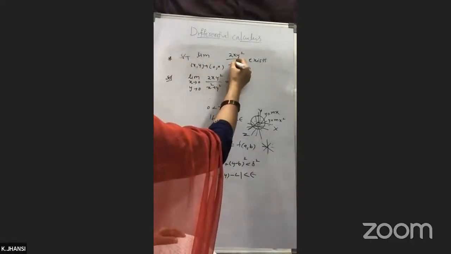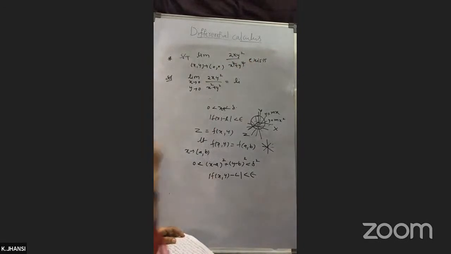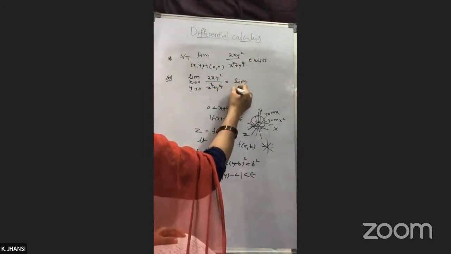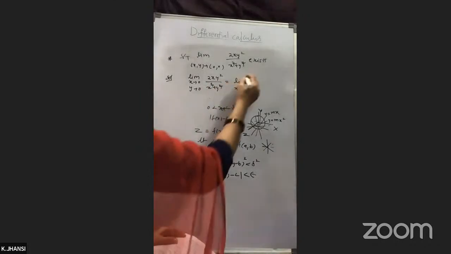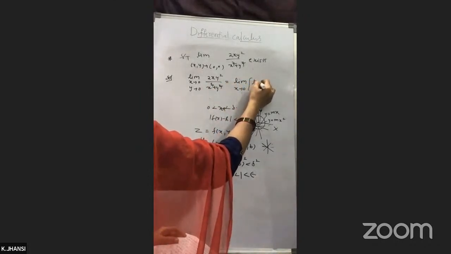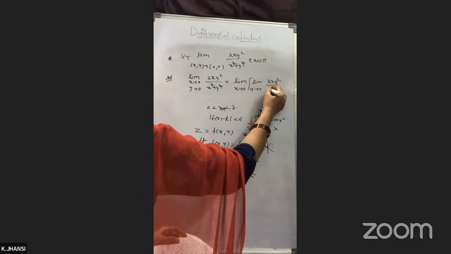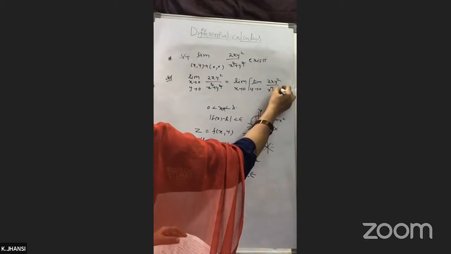Am I correct? Yes, correct. So limit x tends to 0 you take outside, and inside you write limit y tends to 0 of 2xy square by x to the power of 4 plus y to the power of 4.